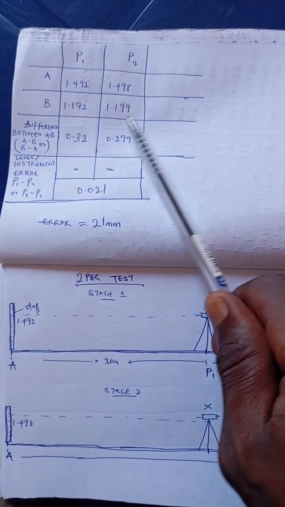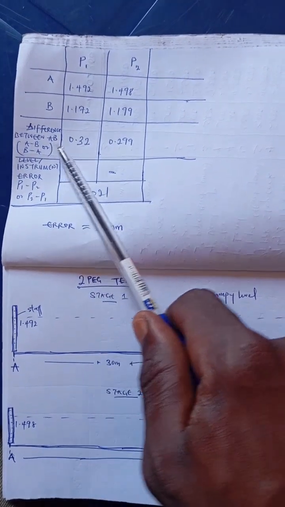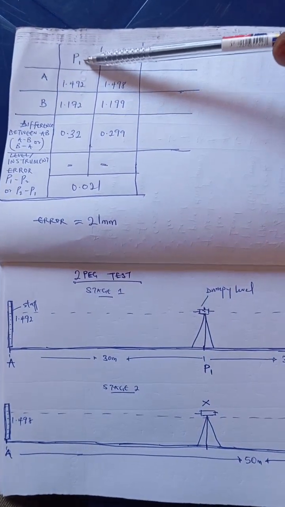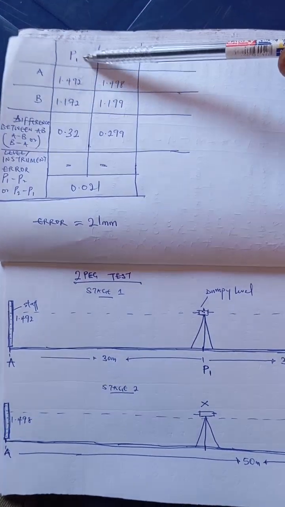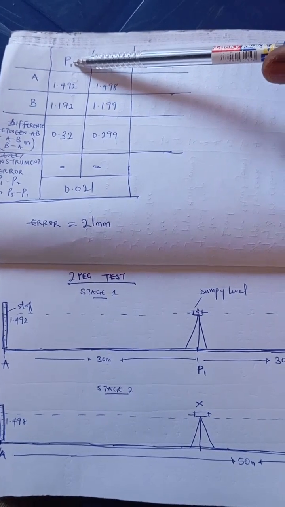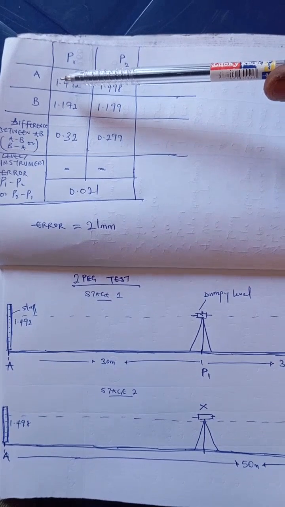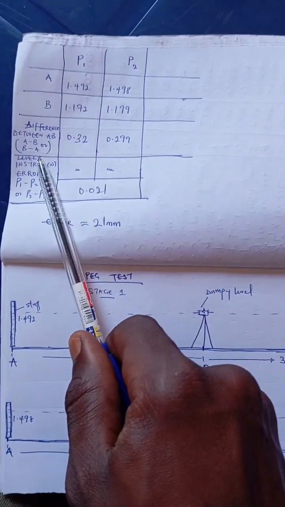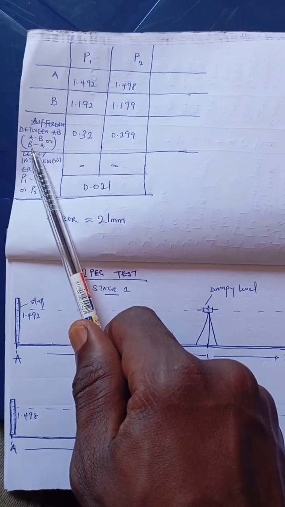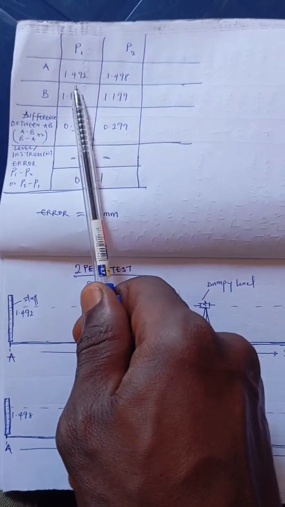So the difference between A and B, the difference between my readings at this same station 1, P1, between readings A and B, might be A minus B or B minus A, whichever is greater.